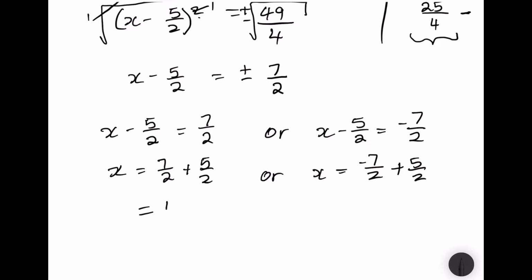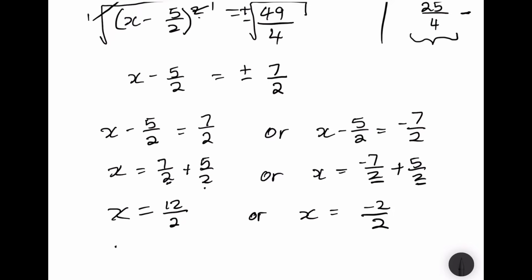So remember, when we're adding fractions with the same denominator, we just simply add the numerators and keep the same denominator. So that becomes 12 over 2, or in this case, x is equal to negative 7 plus 5. Because the denominators are the same, I keep the denominator and simply add the numerators. So negative 7 plus 5 will give me negative 2.